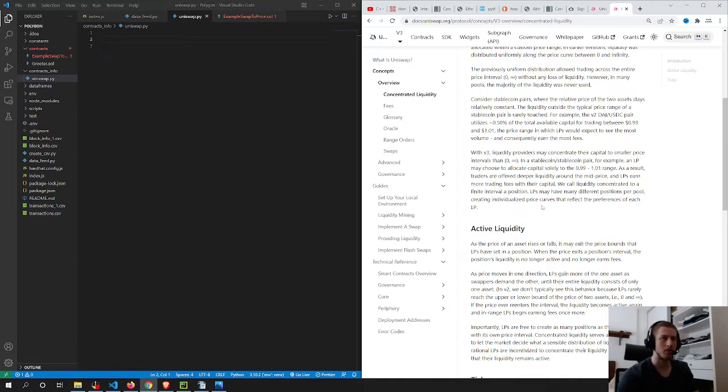As a result, traders get deeper liquidity around the mid-price, and LPs earn more trading fees with their capital. We call liquidity concentrated to a finite interval a position. LPs may have many different positions per pool, creating individualized price curves that reflect the preferences of each LP.